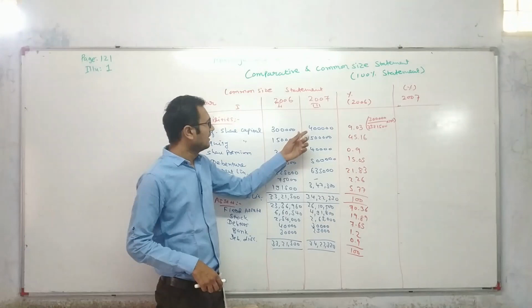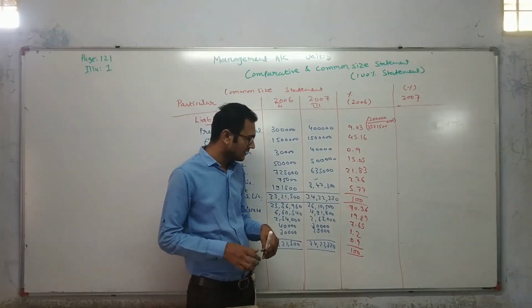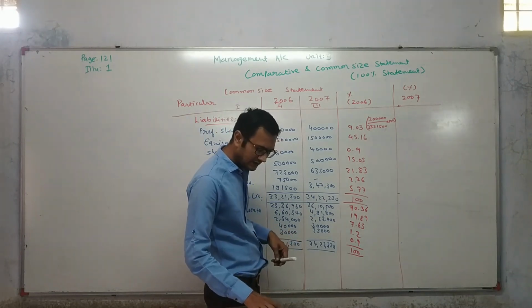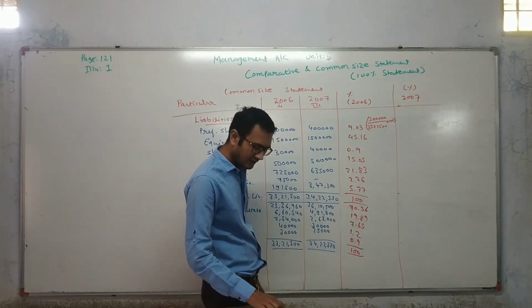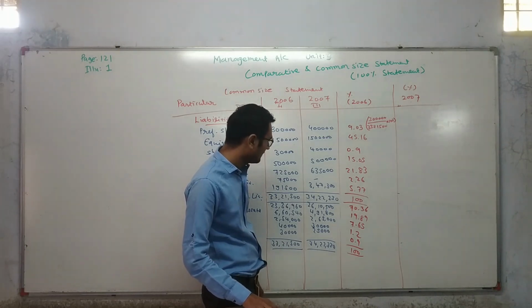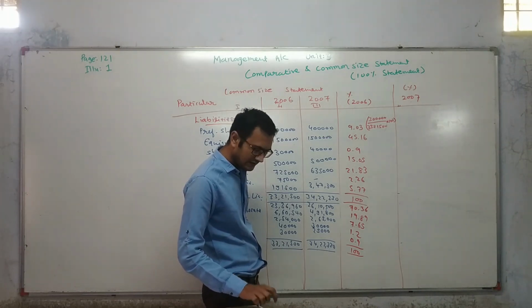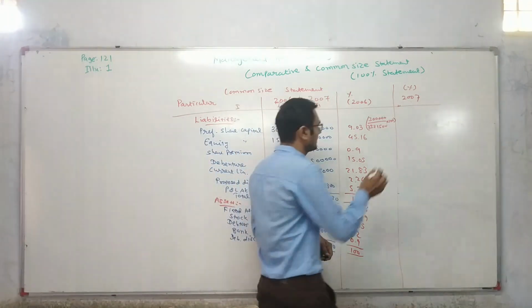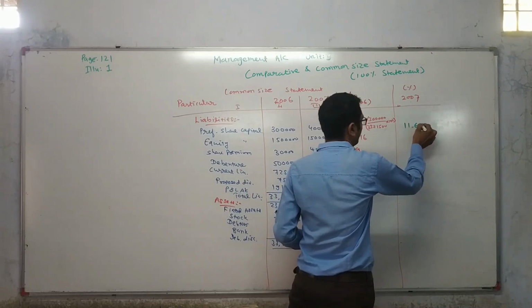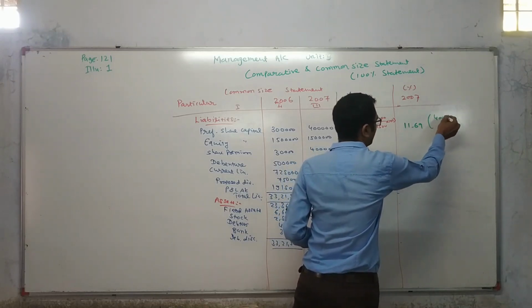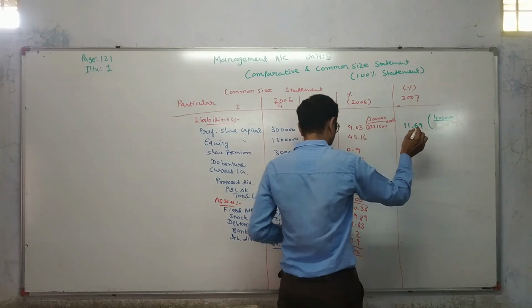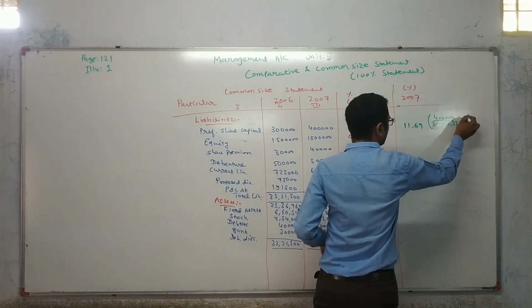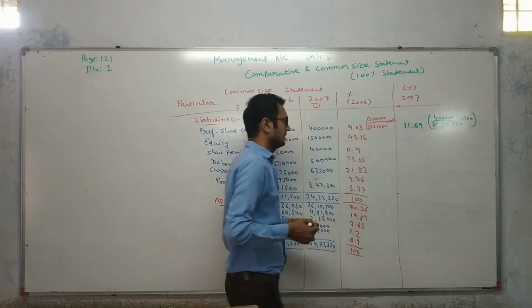So 4 lakh divided by 34,22,330 into 100.